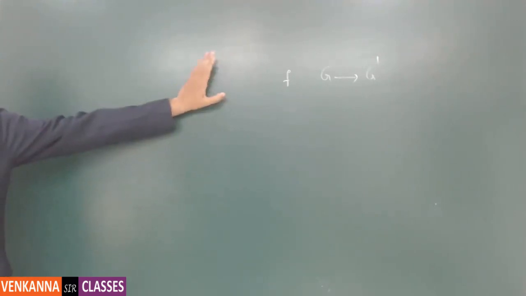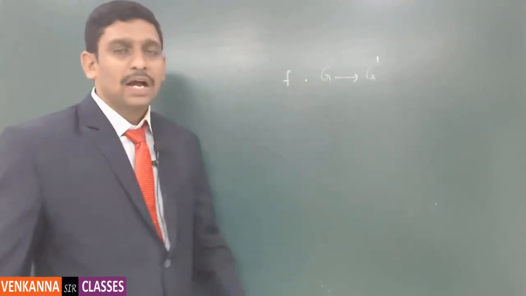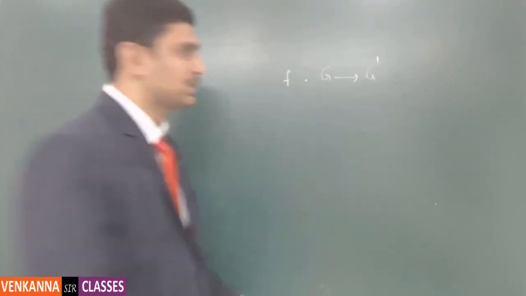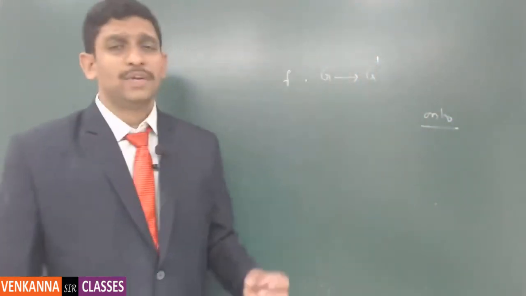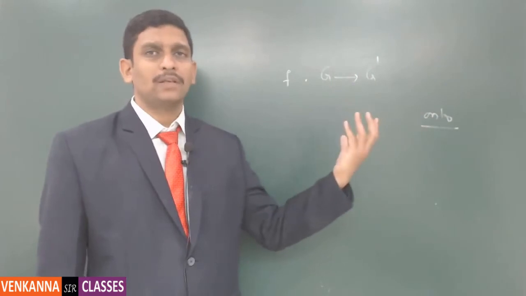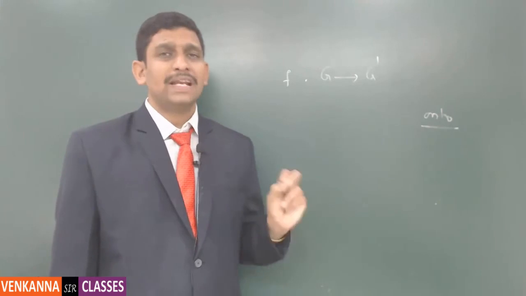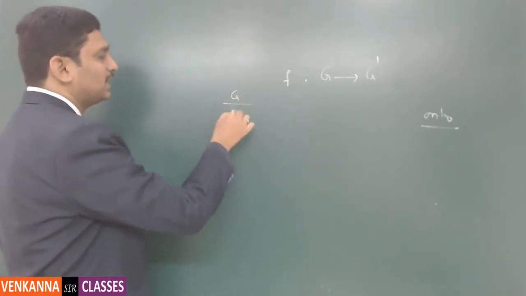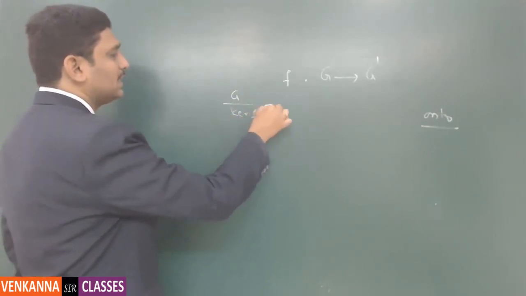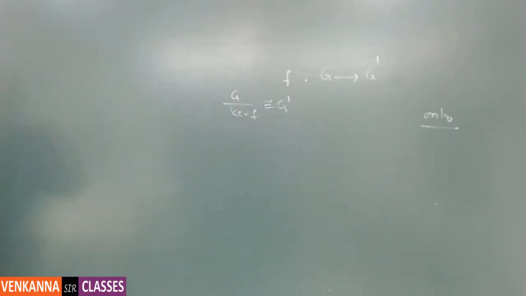So here I took a homomorphism between two groups, and it is an onto function also. It means for every element in the codomain, I will get an element in the domain. Now, my intention is to show that G by kernel F is isomorphic to G dash. This is the intention of the problem, a theorem you can call it.